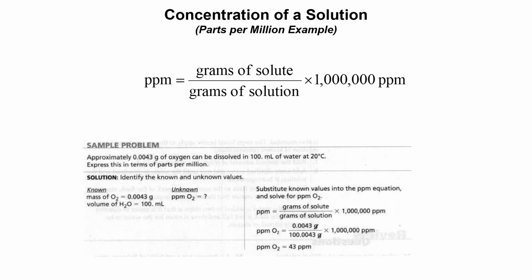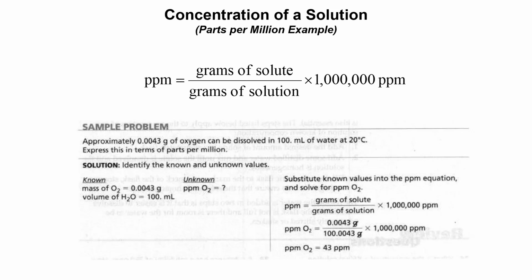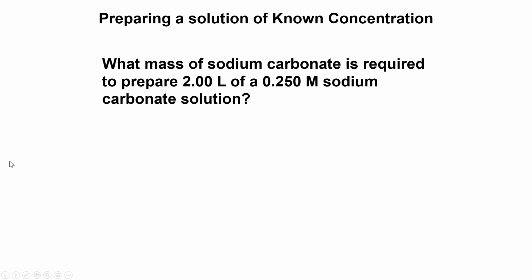And then, lastly, we need to know how to make a solution of a known concentration. So let's take a look at that. And I'm going to have you do an exercise with that on Monday, how to do this. So what mass of sodium carbonate is required to prepare a 2-liter solution of 0.25 molar sodium carbonate solution?